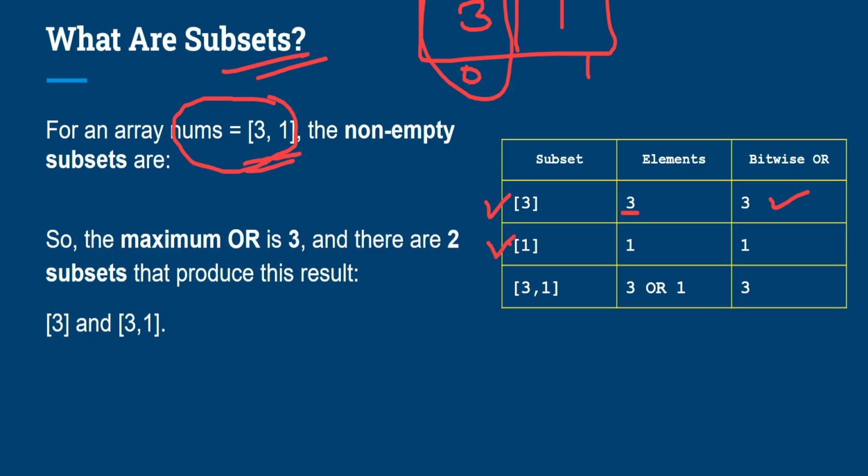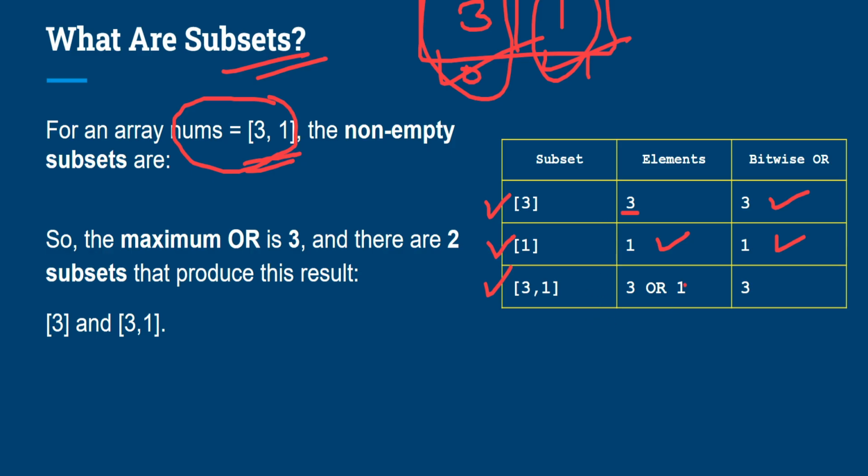Similarly, we will take only one element of this array, and we'll get one subset, 1. The element is 1, so we'll get only one value on the bitwise OR. Then similarly we have 3 1: if we take both, this one also and this one also, we'll get 3 1 in the subset. Either you ignore an element or you take it, and then you will get the subset elements. Like this, we have 3 possibilities.